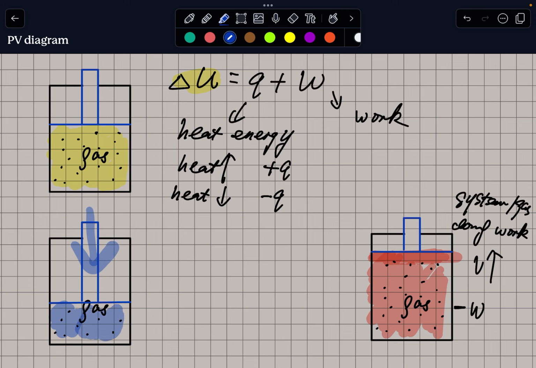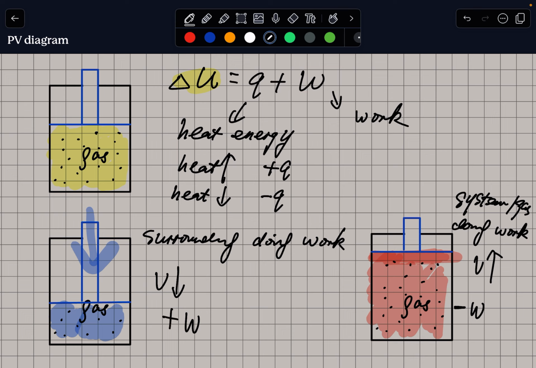I press it down and compress the volume, right? So my volume really goes down. My hand is part of the surrounding, so it's the surrounding doing the work that compresses my volume. In this case, the system gained some energy from the work that the surrounding did, so it will be a positive W, okay?